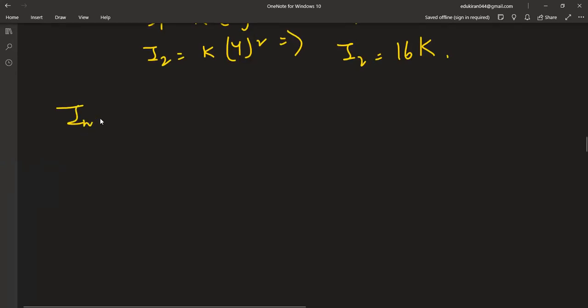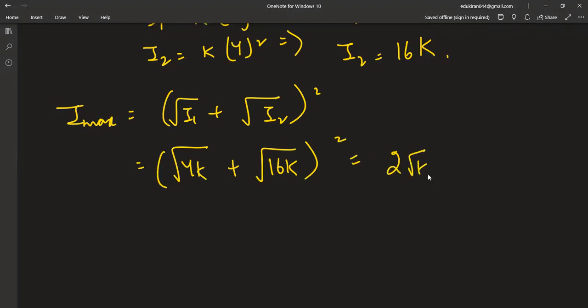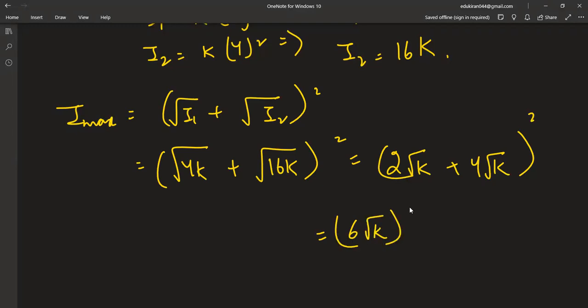So when we are talking about the maximum, under root I1 plus root I2 whole square, this is equal to under root 4K plus root 16K whole square, which is equal to 2 root K plus 4 root K whole square, which is equal to 6 root K whole square.